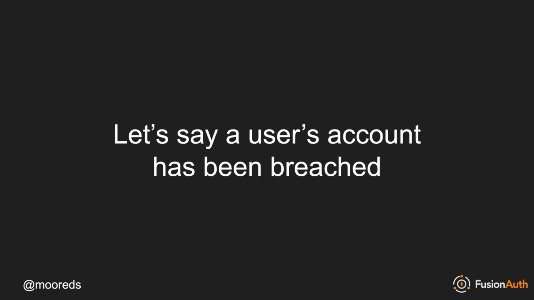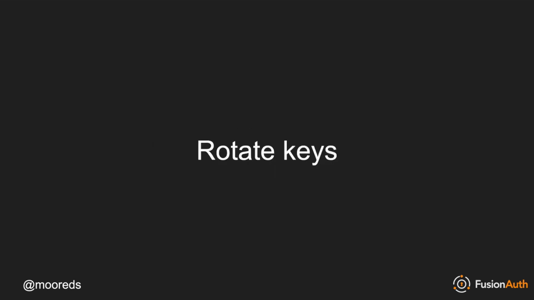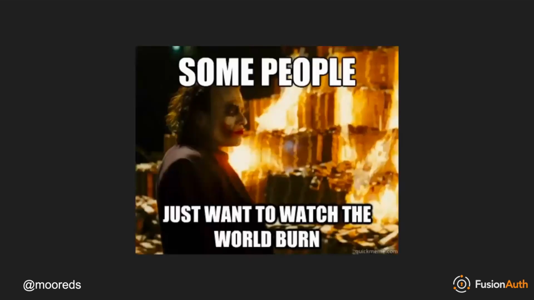There are other options. If you have a user account that's been breached at a certain time, you could rotate the keys. And that is definitely a bit of a light-the-world-on-fire option, depending on how many JWTs have been signed with that same key.